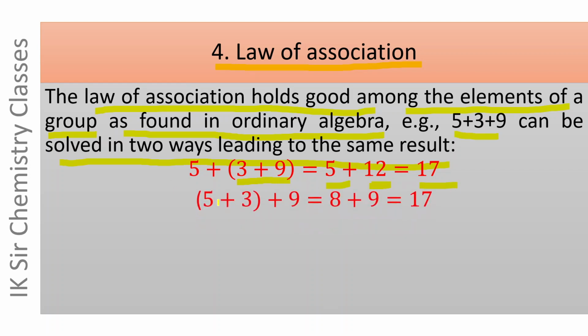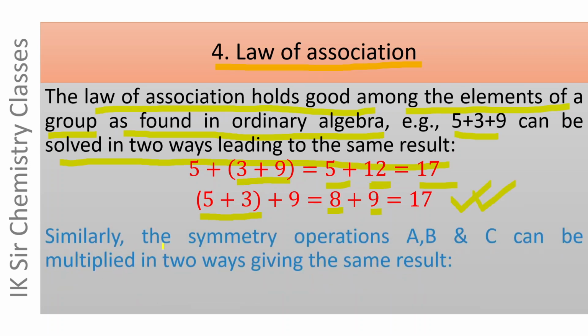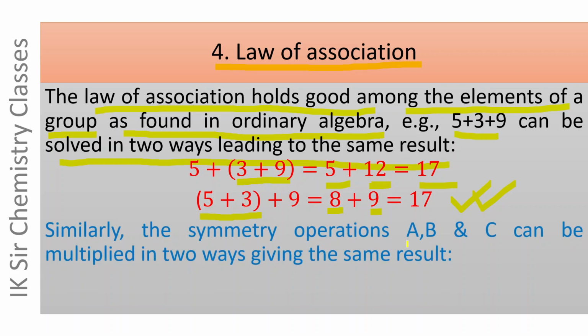Then first of all, 5 is added to 3 and its addition is equal to 8. 8 plus 9 is again equal to 17. Similarly, the symmetry operations A, B, and C can be multiplied in two ways, giving rise to the same result.